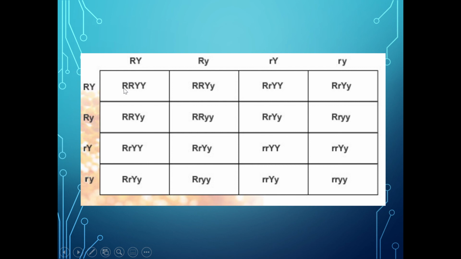But now what happens if we recombine, let's say, lowercase ry and capital RY? The result will be 1 capital R and 1 lowercase r, as well as 1 capital Y and 1 lowercase y.